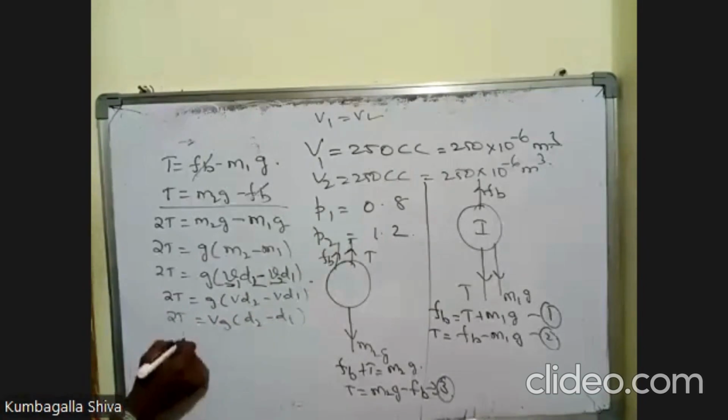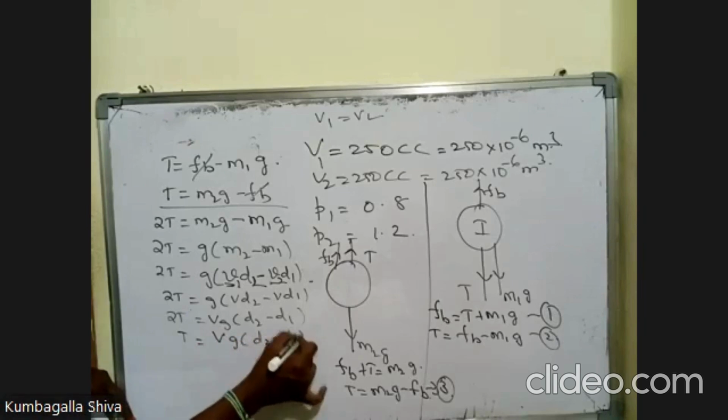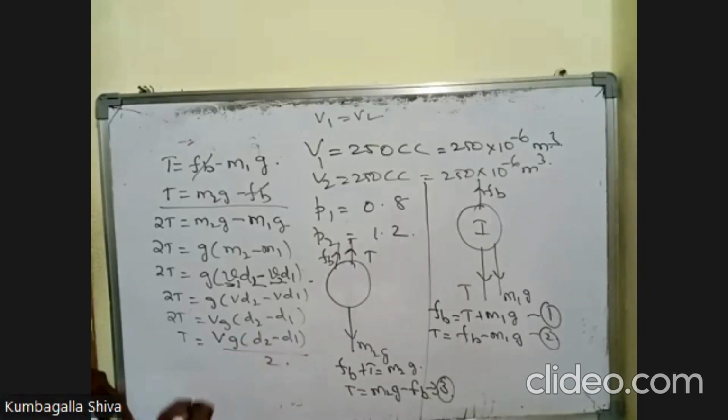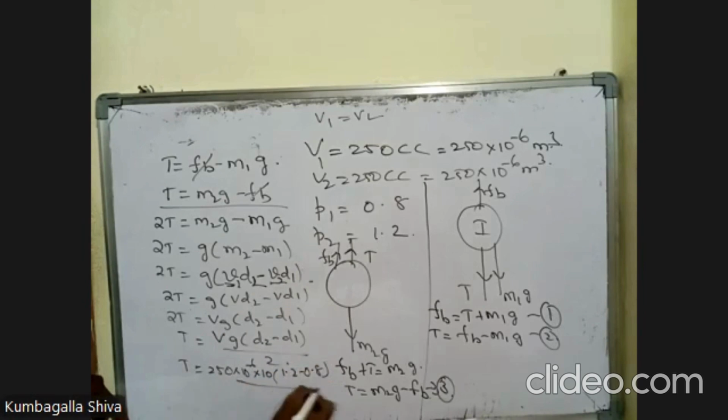So T is equal to V g of D2 minus D1 by 2. This is the formula. The volume is 250 into 10 power minus 6, D2 minus D1 is 1.2 minus 0.8, divided by 2. If you solve this, you get tension equal to 0.5 Newton. Clear? Okay, now understood?